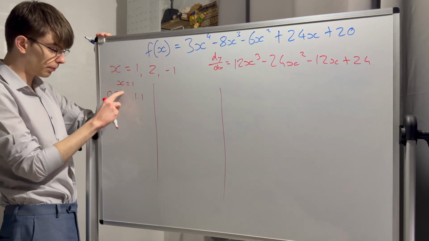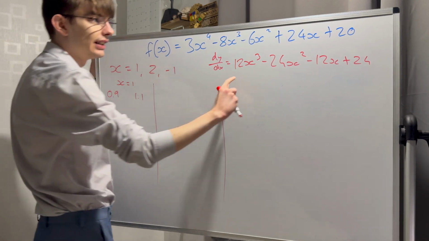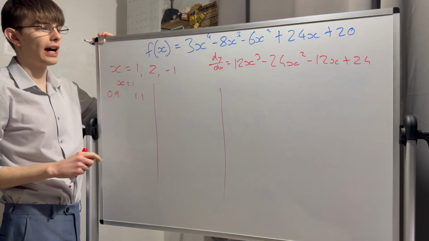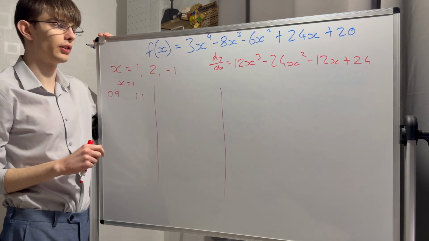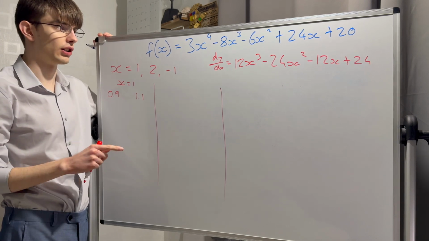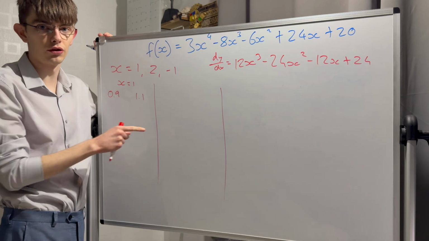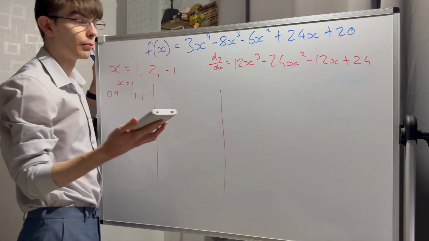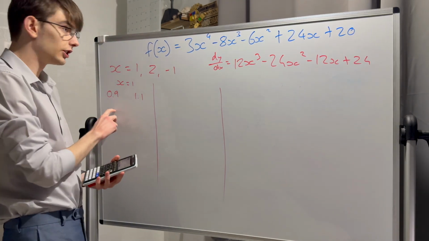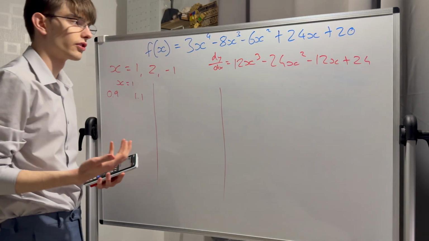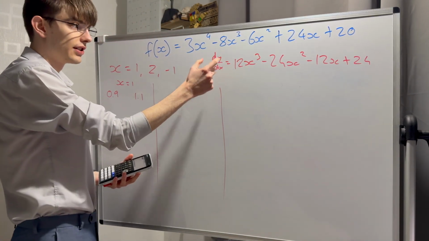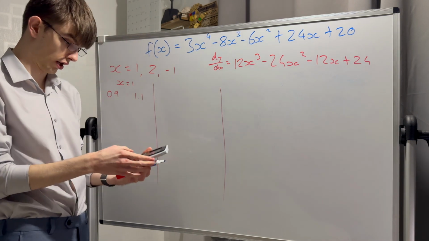So I'm going to pop my 0.9 into this equation, and I'm going to determine if it is positive or negative. Before I do that, I need to go and get my calculator, because I'm not doing that in my head. Honestly, you'd think I'd come prepared, but I haven't. So I'm going to pop 0.9 into my gradient to find my dy by dx at x is 0.9.